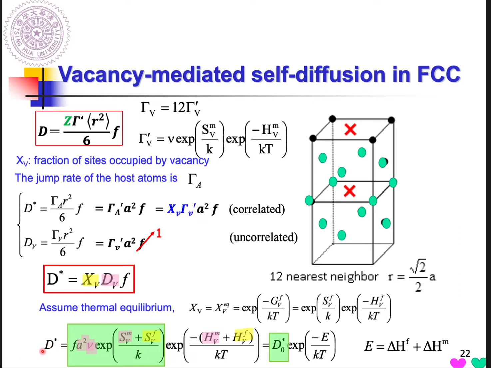As long as you measure the self-diffusivity of the atom at different temperatures, for example at 5 different temperatures, then you make a plot of log D star versus 1 over T. After fitting the slope, you can get the E. So you can measure or estimate the energy term of your materials experimentally.